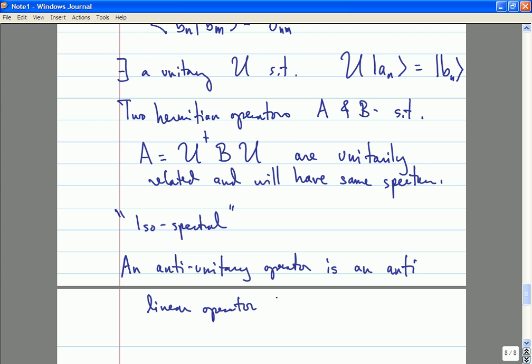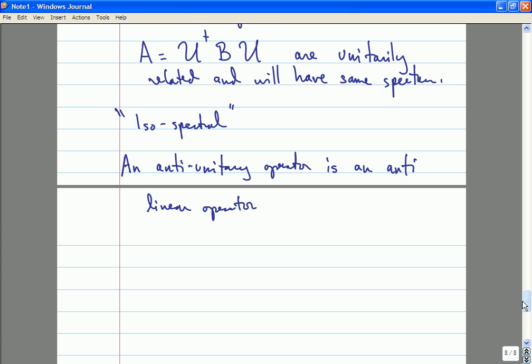Let's call this operator theta, such that alpha goes to theta times alpha, which we'll call alpha tilde, and beta goes to theta times beta, which we'll call beta tilde.